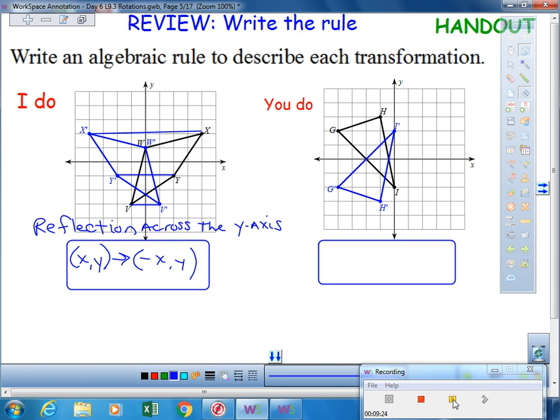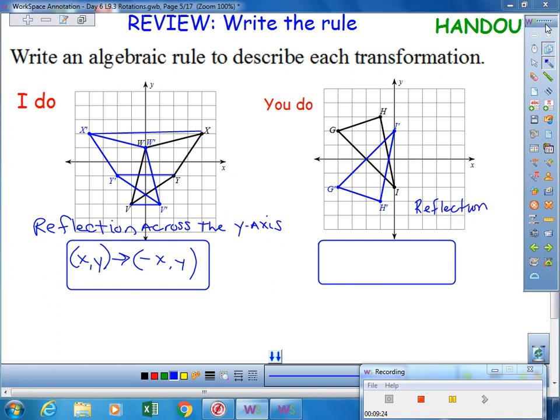H-I-G. H-G-I. Are they in the same order? So it is a reflection. What does it go over? Across what? Across the x-axis.